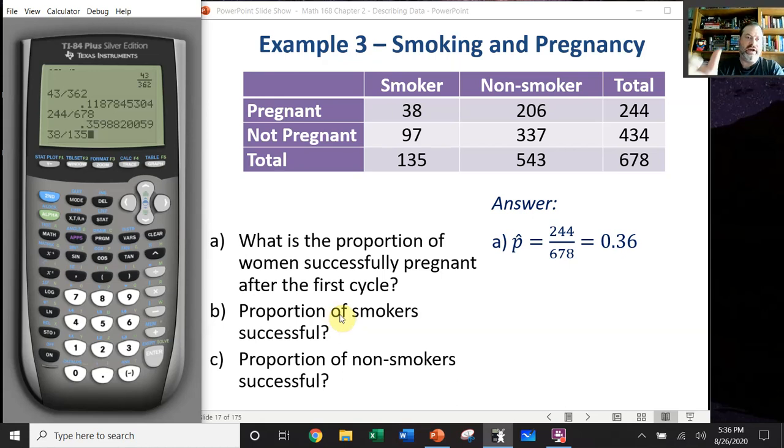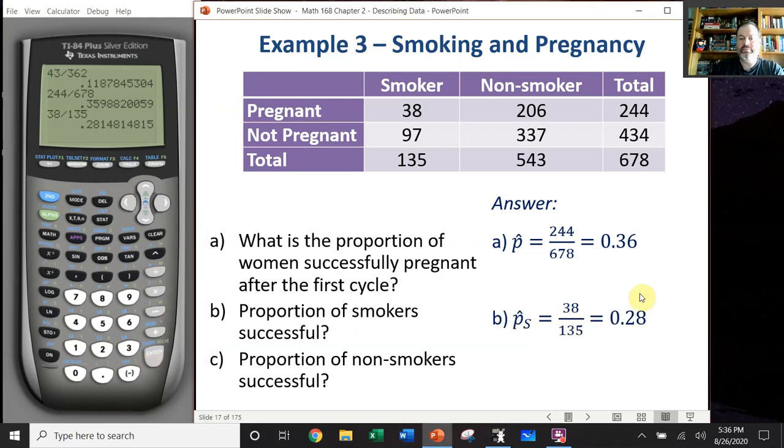Anything after that phrase goes in the denominator, because it could be a longer idea; here it's just smokers. Whatever's left over is your numerator, right? So you'll see proportion or percentage, and then you'll see of. Whatever comes right after of, take that idea and put it in the denominator. So it's 38 divided by 135, which ends up being 0.28, so 28%.